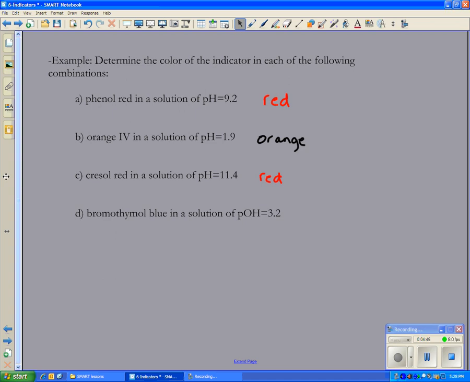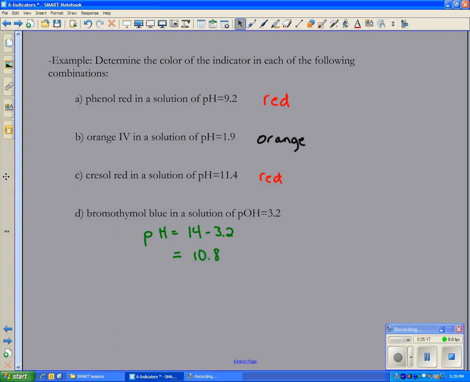For question D, look very carefully at the information that you've been given. Bromothymol blue in a solution of pOH 3.2. The table that you have in your data booklet is for the pH ranges, and we have the pOH of a solution. So the first thing we need to do is figure out the pH, and that means that we need to subtract from 14. So 14 minus 3.2 is going to give us 10.8.